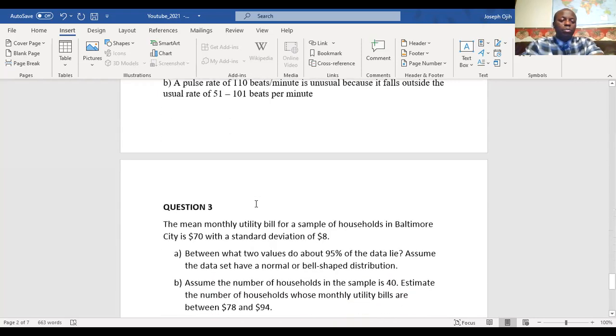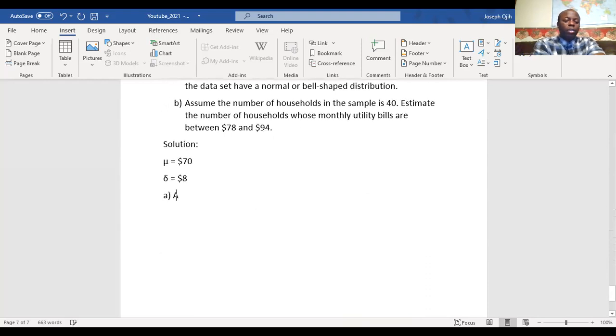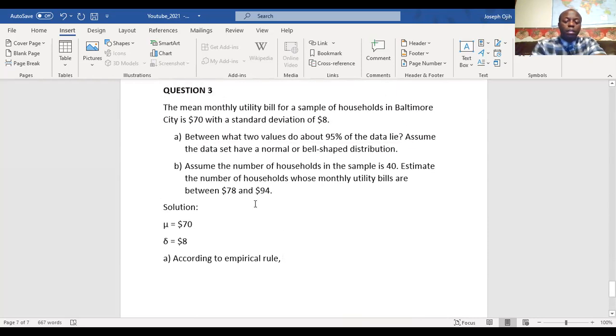According to the empirical rule, 95% of data values fall within 2 standard deviations.